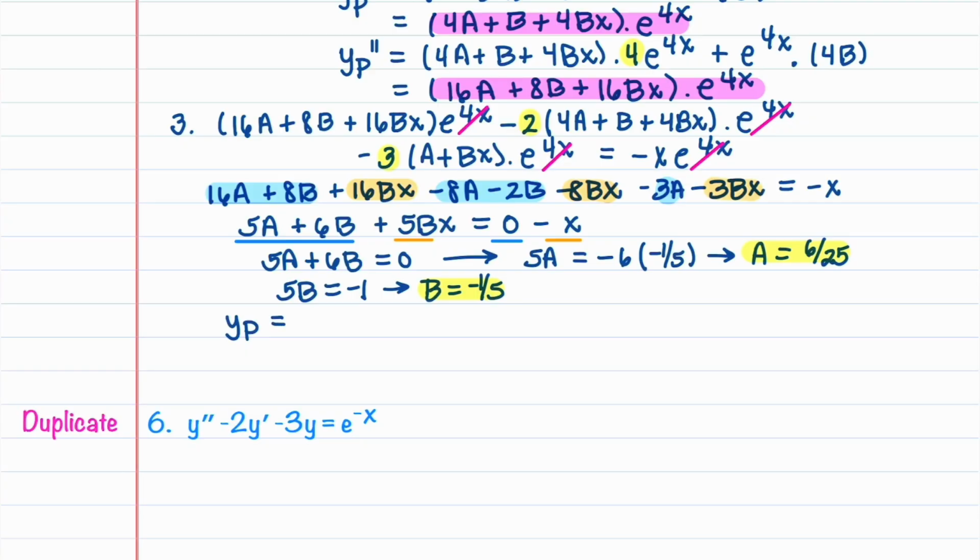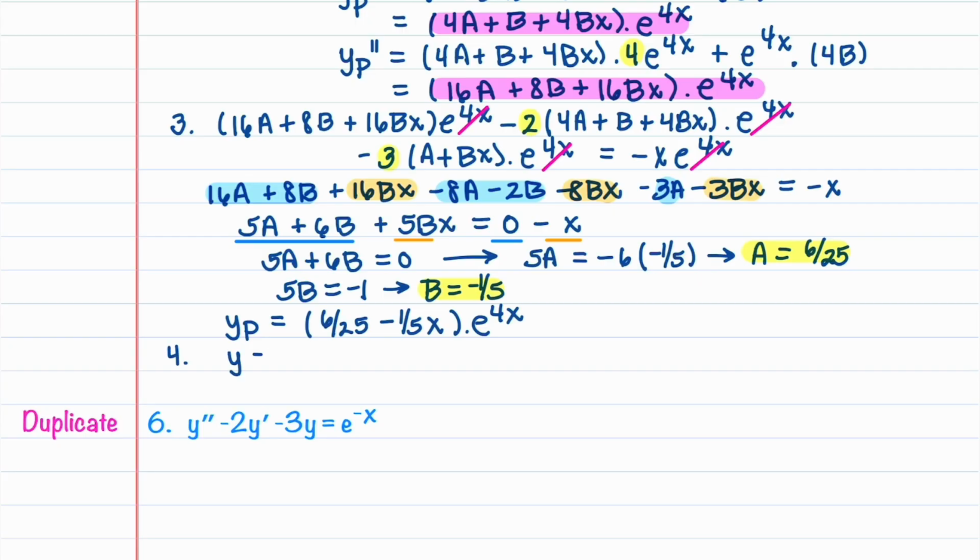It is equal to a, which is 6 over 25, minus 1/5 times x, that's our bx, times e to the 4x. Almost done. Now we just have to combine things.